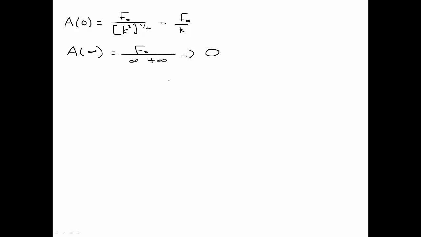Alright, let's sketch our entire function. You could use any old tool to graph this, but I like to just put down the points that I do know and go from there, and negative frequencies don't really mean anything.